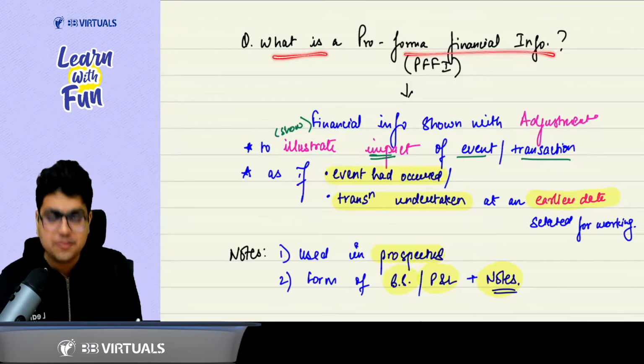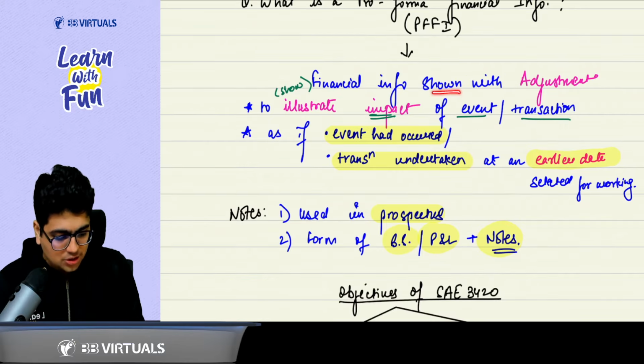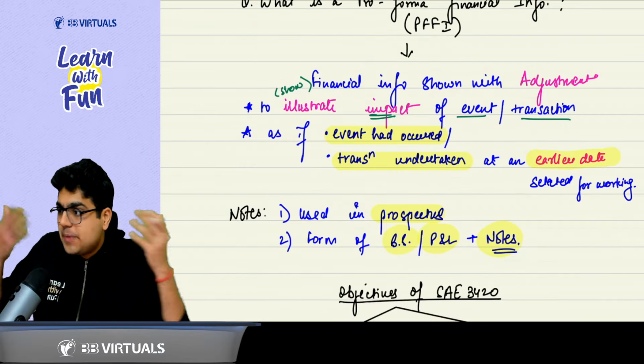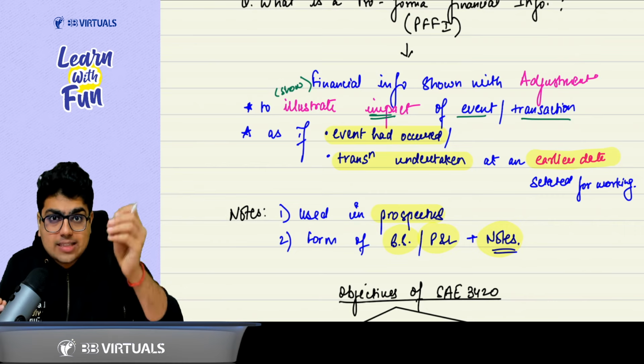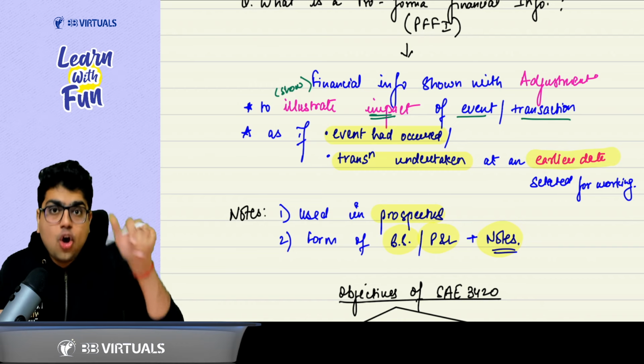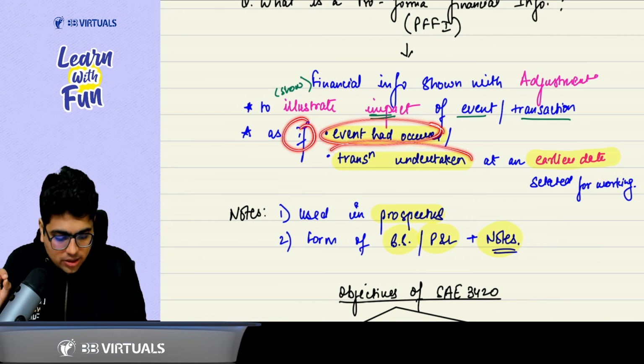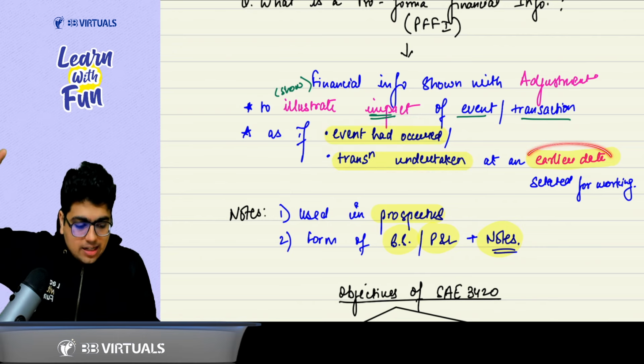Now, sir, what is a PFFI? PFFI is nothing but financial information. This information is shown with adjustments. Adjustments to illustrate the impact of any significant event or transaction as if the event had occurred or transaction was undertaken at an earlier date.